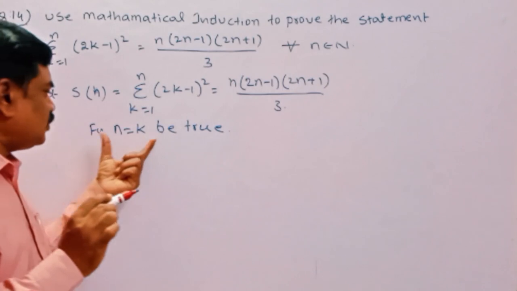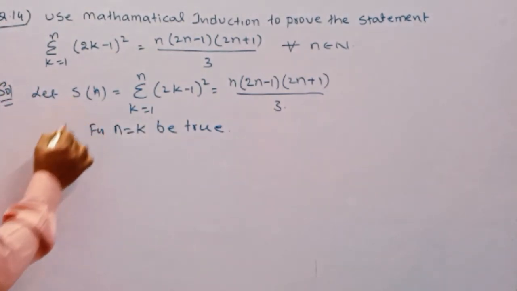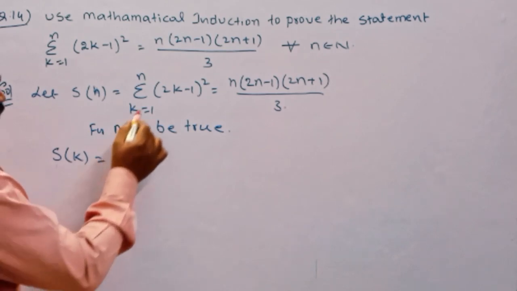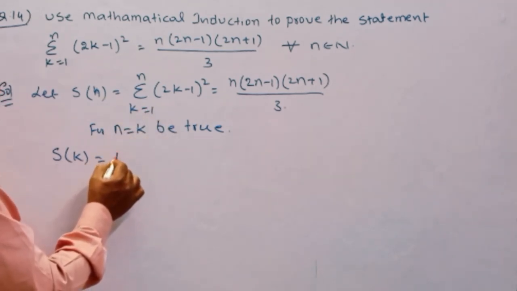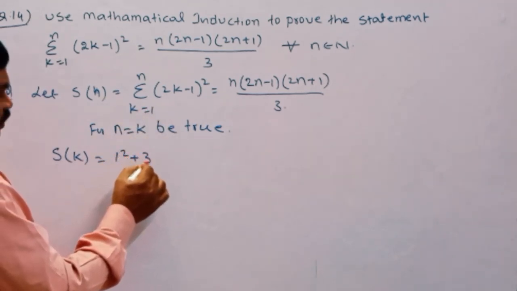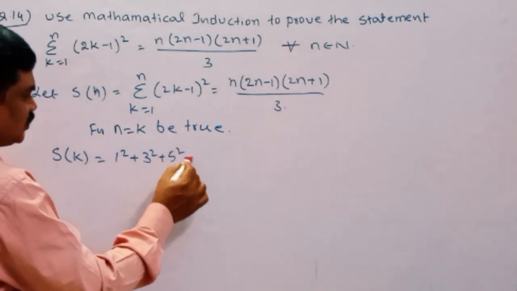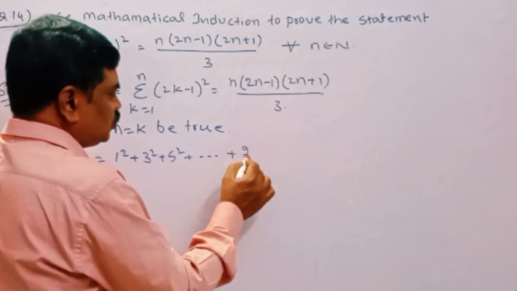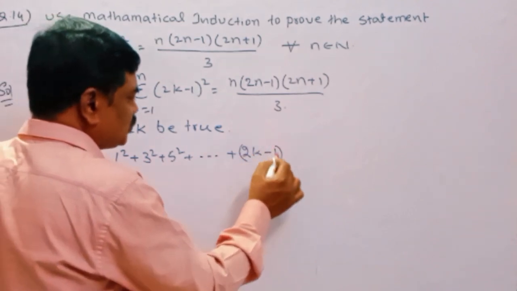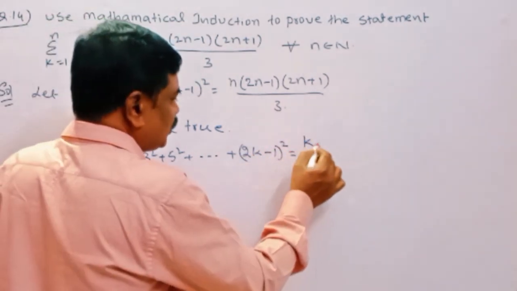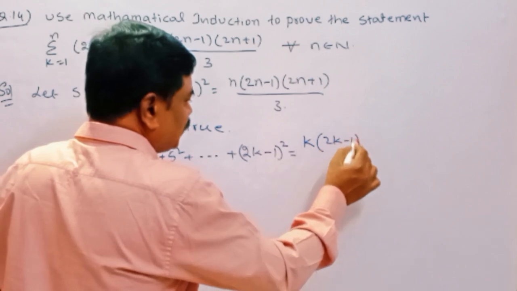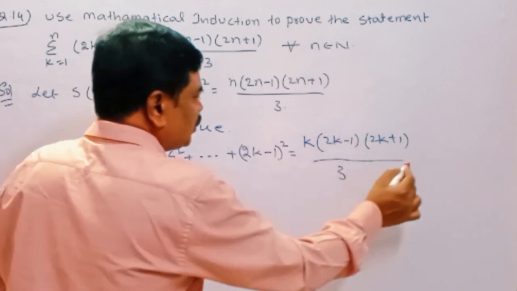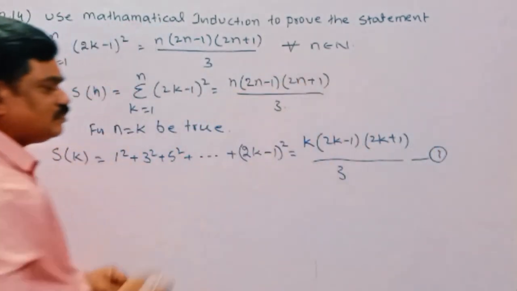So for n equals k true, S of k is 1 square plus 3 square plus 5 square plus so on plus (2k minus 1) whole square is equal to k(2k minus 1)(2k plus 1) by 3, equation 1.